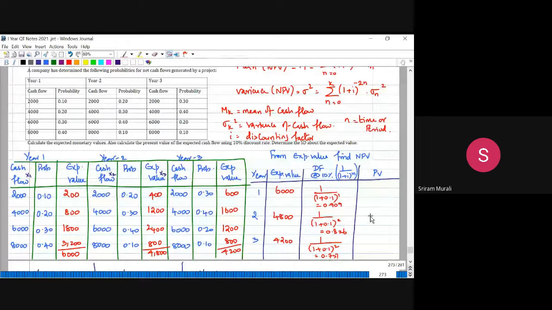So what is the present value factor? 6,000 into this, 4,800 into this, 4,200 into this.